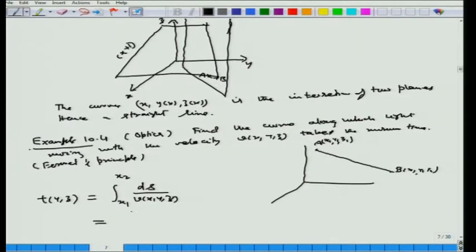And now ds, we know that in 3 dimensions, is the square root of dx square plus dy square plus dz square, over v of x, y, z.